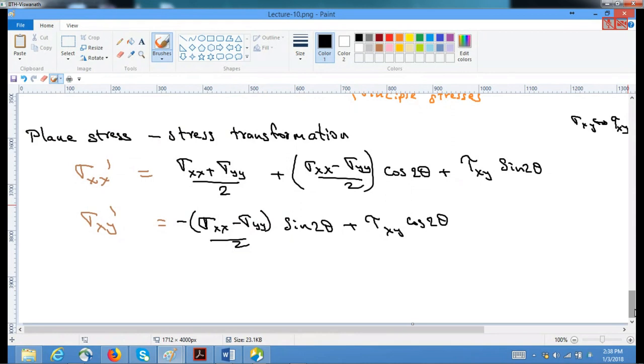Now if I want to find theta p, how do I get it? Theta p is a state in which sigma xy dash is equal to 0.